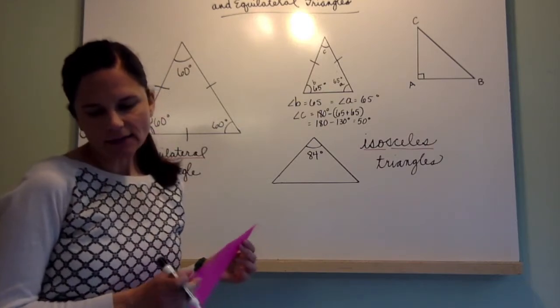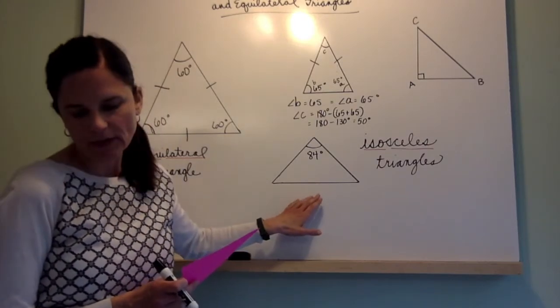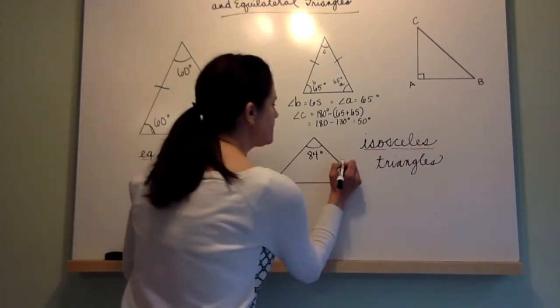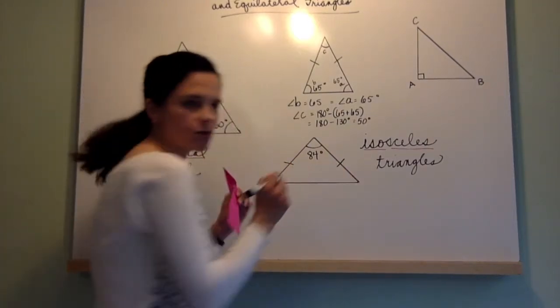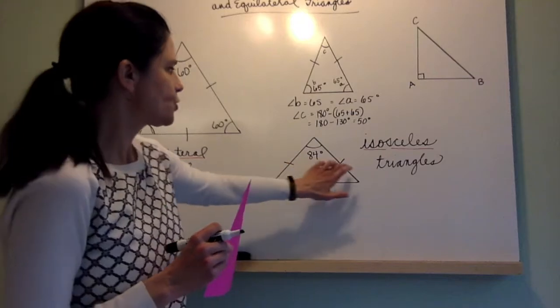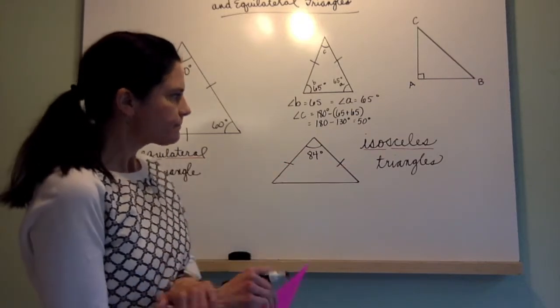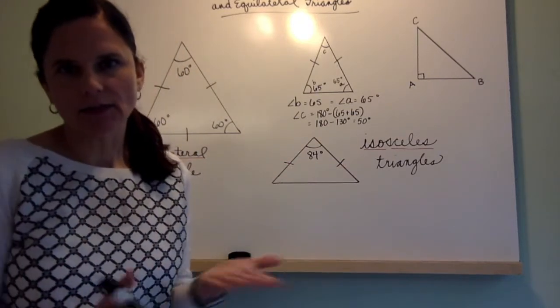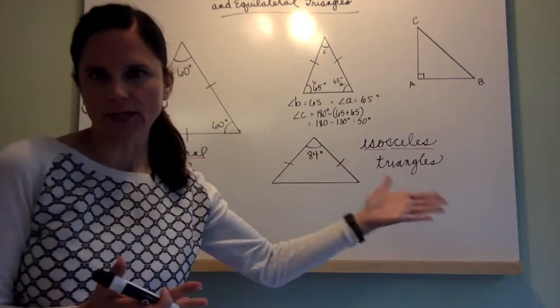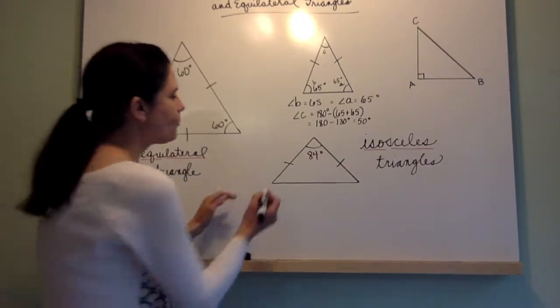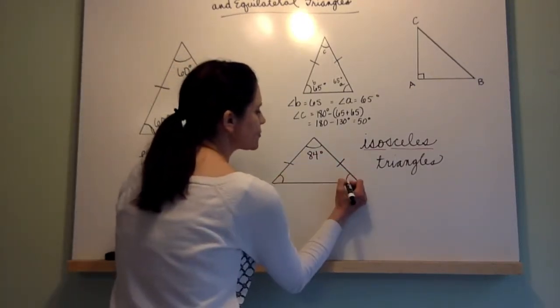Let's look at this triangle. Okay, so I'm given these little cross lines, so I know that these two sides are equal. So that is an isosceles triangle. I can tell just by the crosshairs. So how would I find the other two angles?